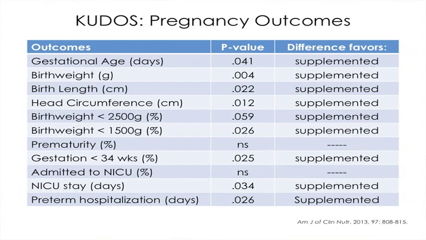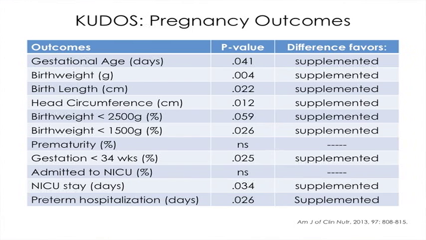To make a long story short, we found significant differences between the two groups on almost all of the pregnancy outcome variables. We saw higher gestational age, higher birth weights, longer birth lengths, bigger heads, a smaller percentage of birth weights under 2,500 grams, and a significantly smaller percentage of birth weights under 1,500 grams.